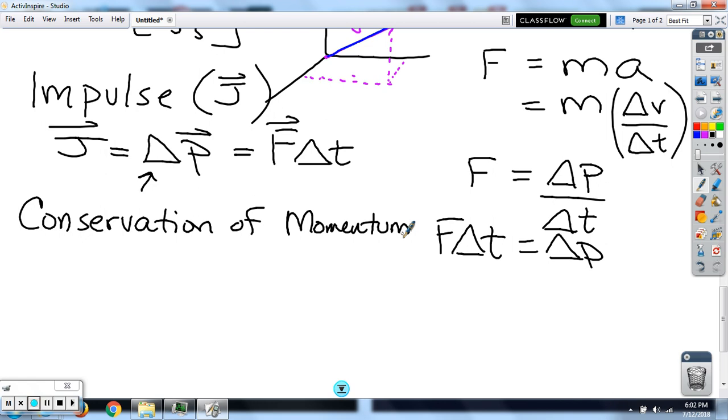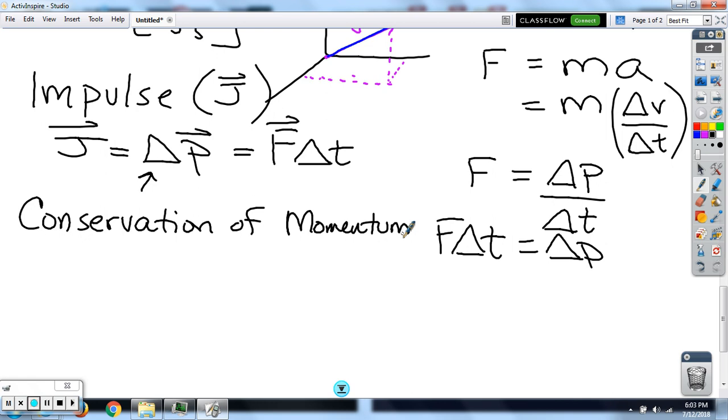This past year we talked about the quantity that we called energy. Energy is also a conserved quantity in specific circumstances. Specifically, energy is conserved when there are only conservative forces acting on your system. But momentum is always conserved.